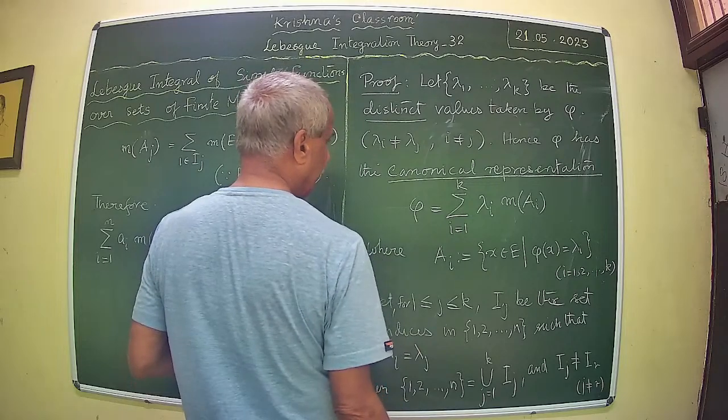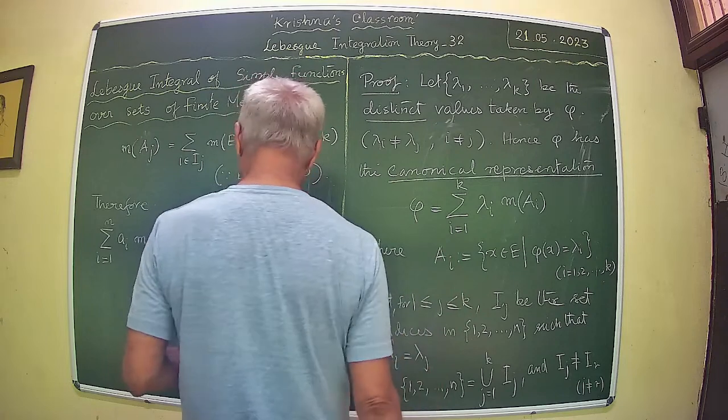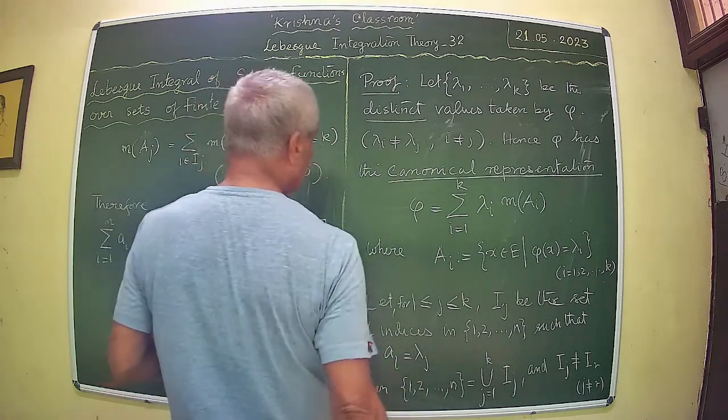Measure of A_j is going to be the sum of the measures of E_i.